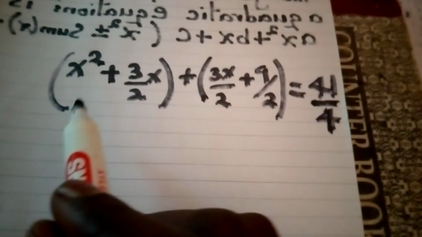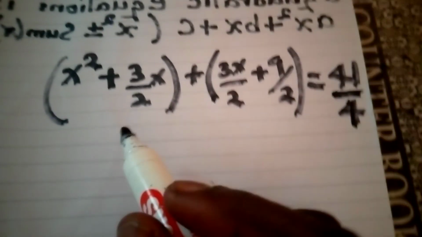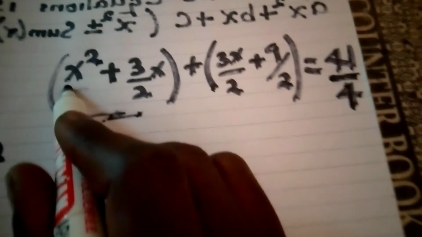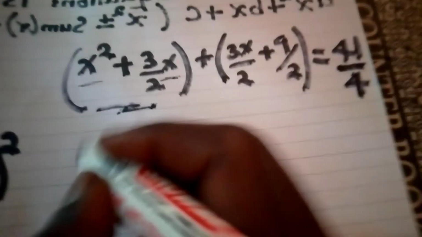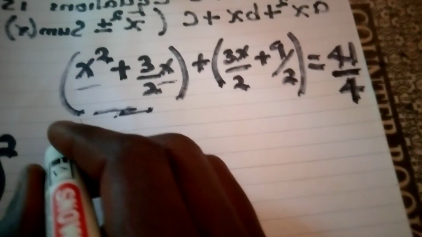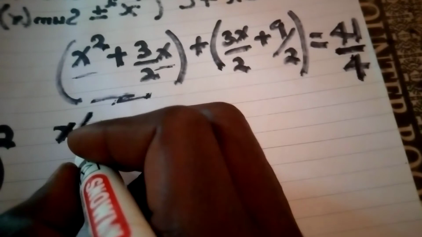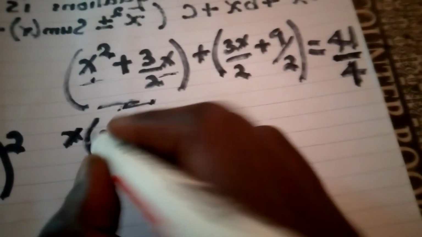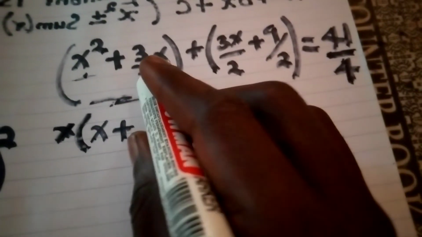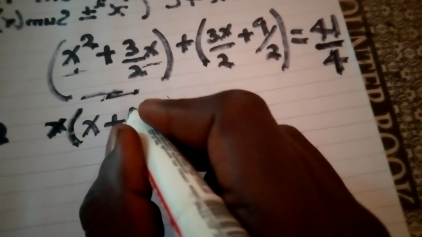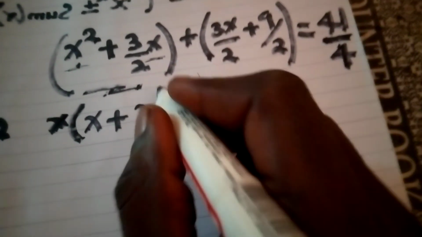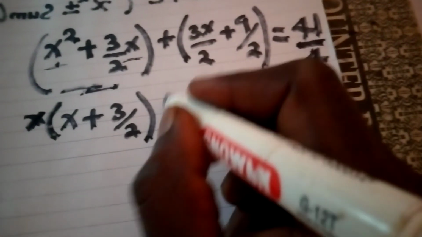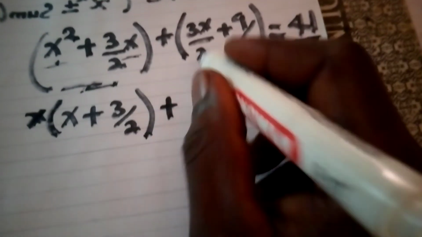we have to pull out the common factor from each of the brackets. So in this first bracket you pull out the common factor. So our common factor is x, so you pull out x, you will have x into, pulling out x from here we shall remain with x, then plus, pulling out x from here we shall remain with 3 out of 2, you close. Then you also pull out from here, we shall have plus, pull out the common factor.